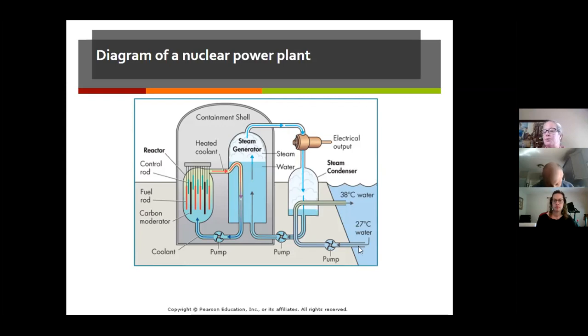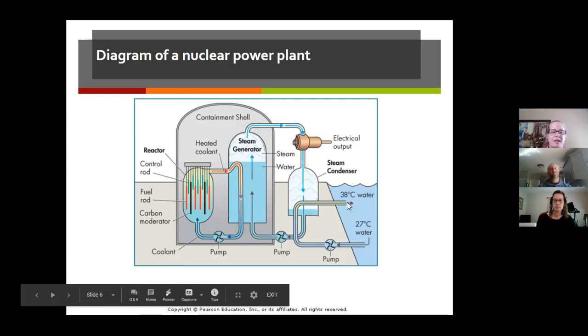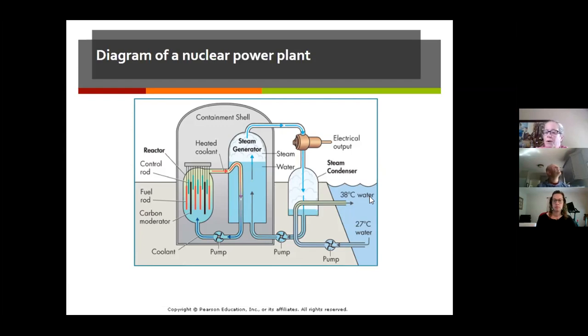It absorbs extra heat, cooling it off before it's sent all the way back. It transfers the heat into the steam generator. So basically, you are boiling water. This is one way we boil water. Coal plants do it the same way, so how we make electricity is very similar. It's the fuel source that is different, and here it's a nuclear reaction.